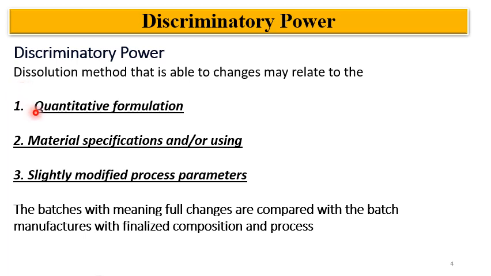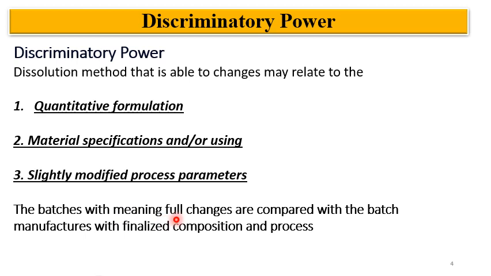So discriminatory power is the ability of the method to distinguish the changes in the quantitative composition of the formulation, material specifications, or slightly modified process parameters.